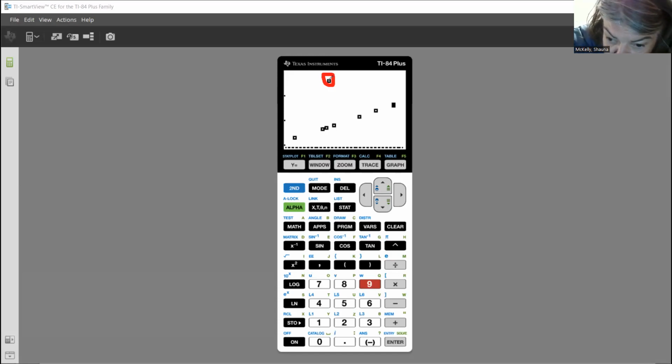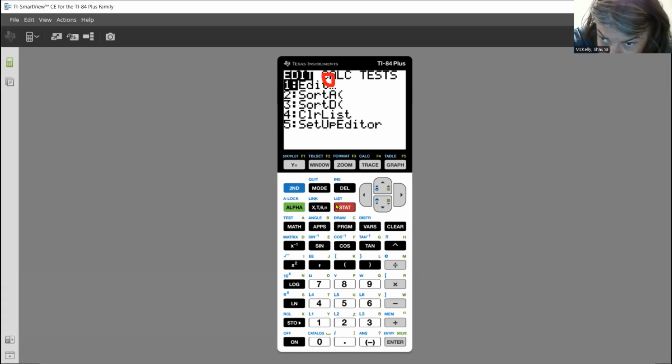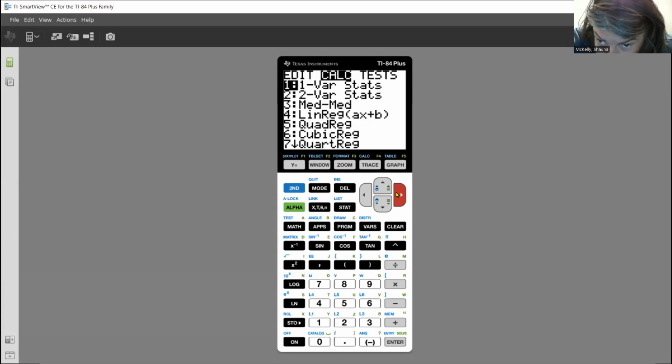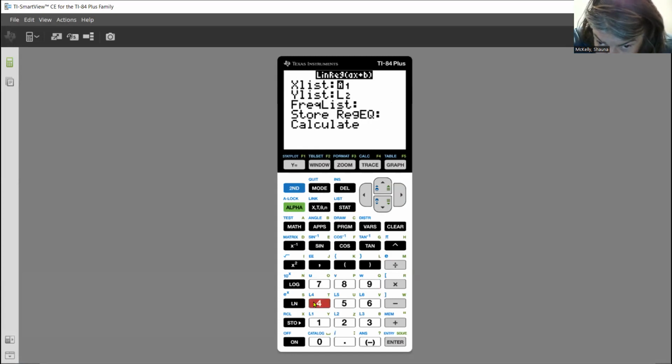Let me show you what I'm talking about. So here's my graph, right? We can do our usual regression equation here. Remember, to find your regression equation, it's STAT, CALC, option number 4, ax plus b, L1, L2, calculate it.